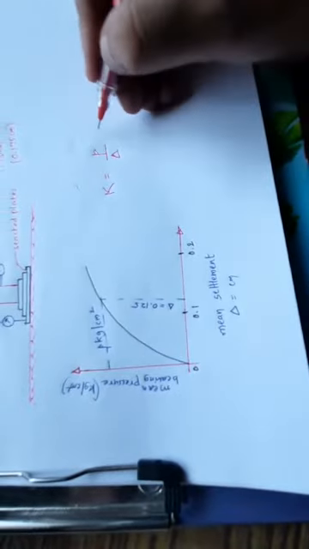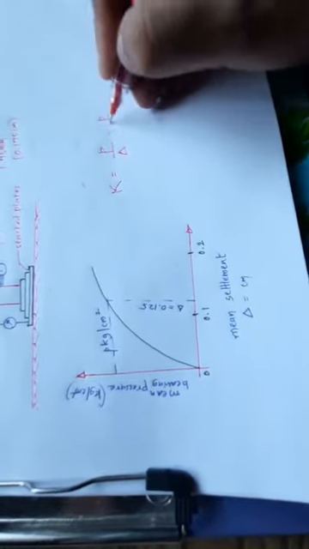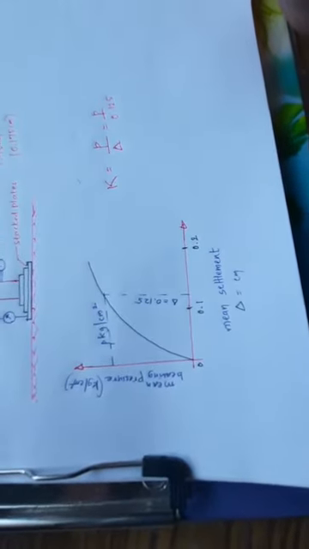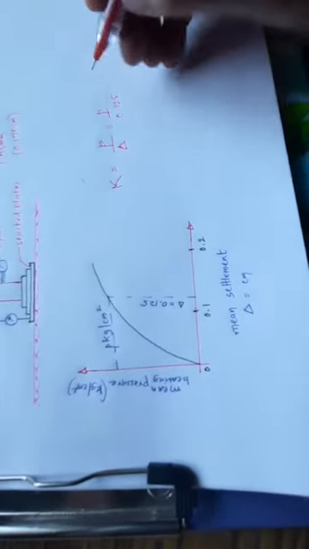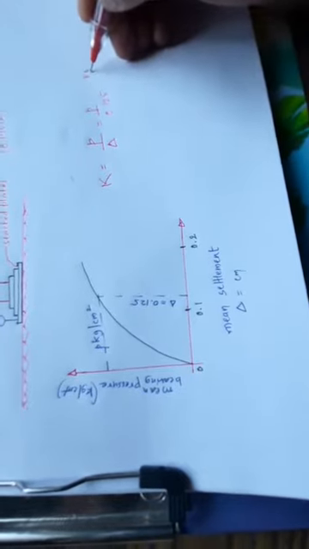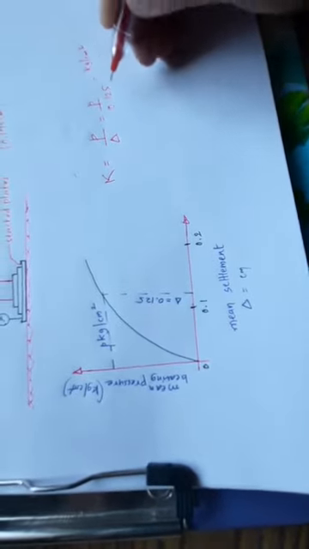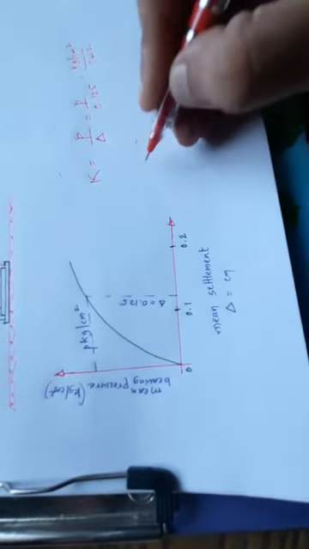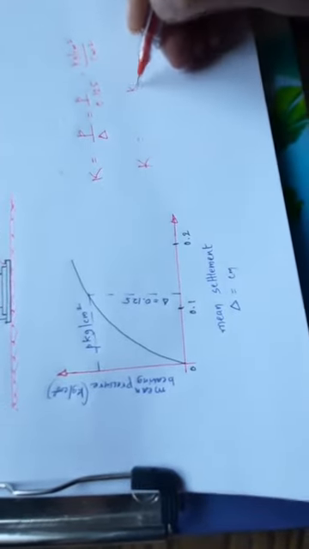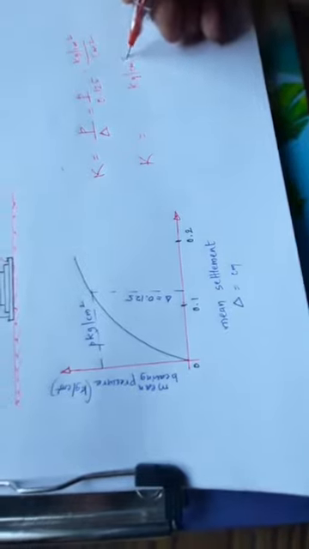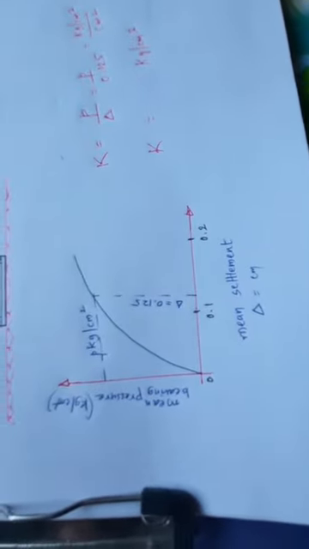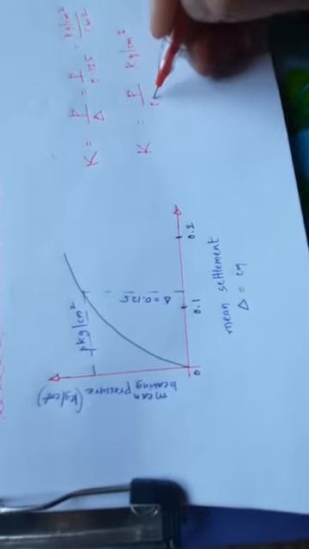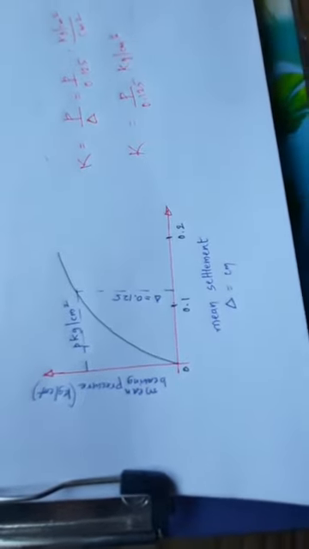For modulus of subgrade reaction, the deflection is always 0.125 centimeter only. This pressure is in kg per centimeter square and the deflection is in centimeter, so the unit for K is always kg per centimeter cube. So this is given by the formula K equals P divided by 0.125.